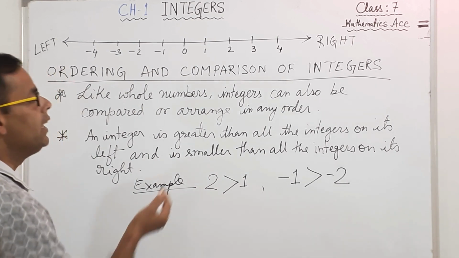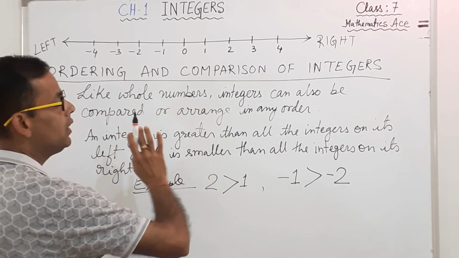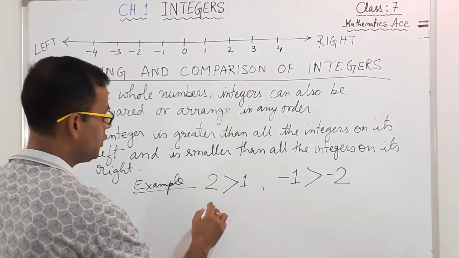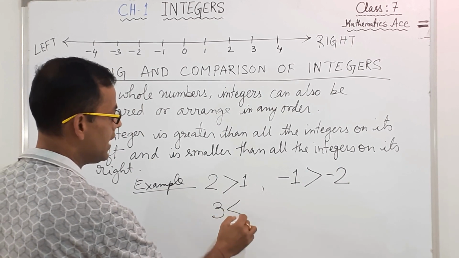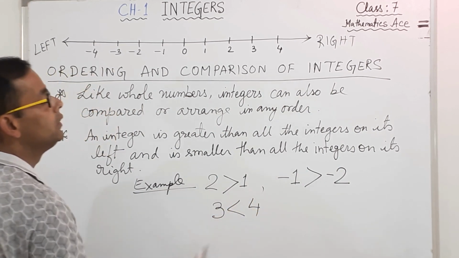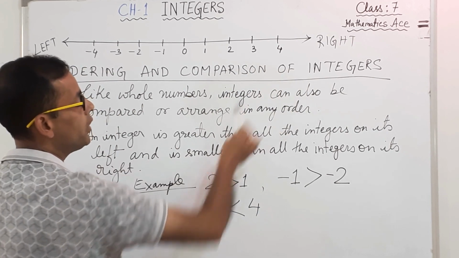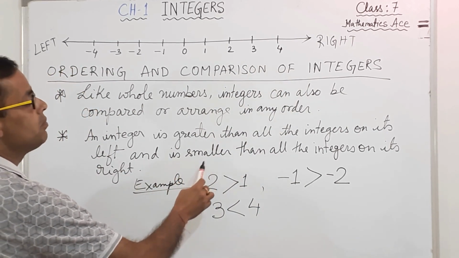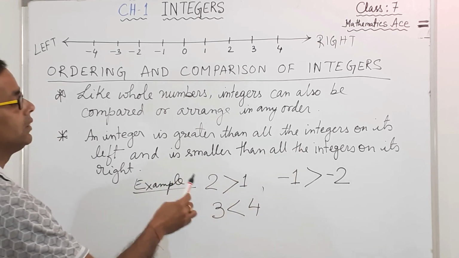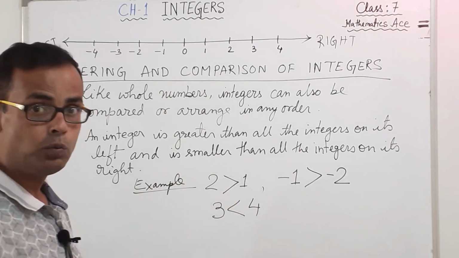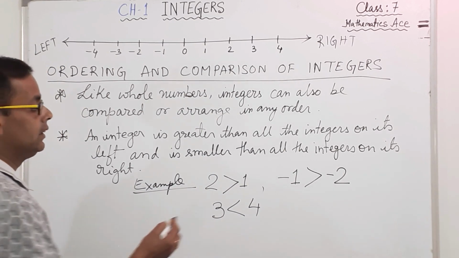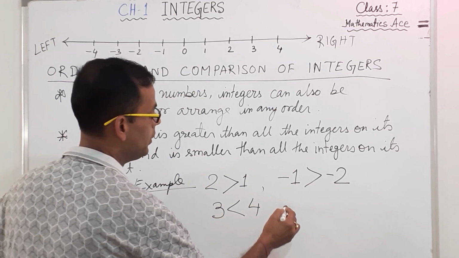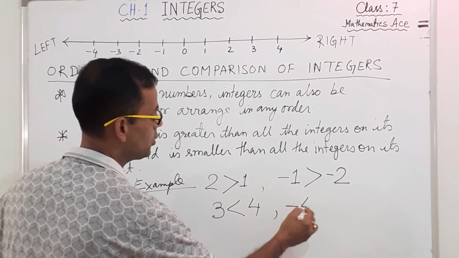Then another example, taking the right side. Suppose 3 is less than 4. See, 4 is falling on the right side of 3. An integer is smaller than all the integers on its right, so 3 is smaller. One more example, suppose I take minus 4.